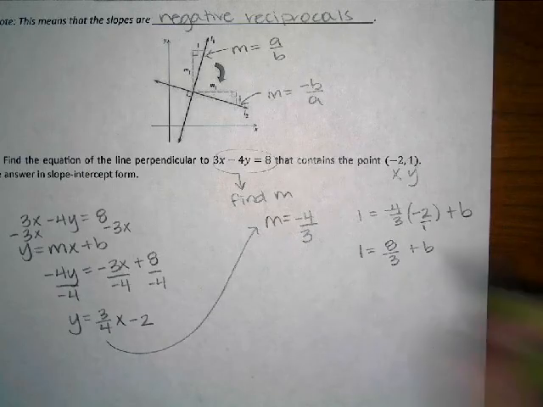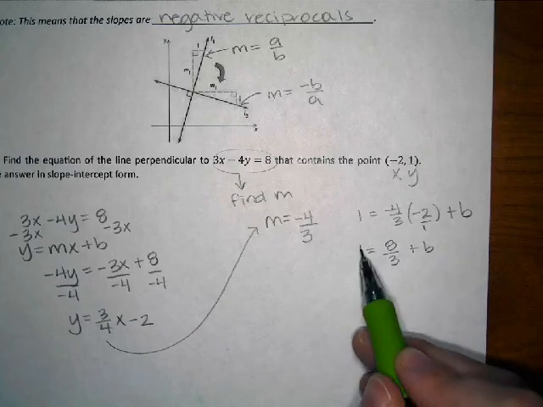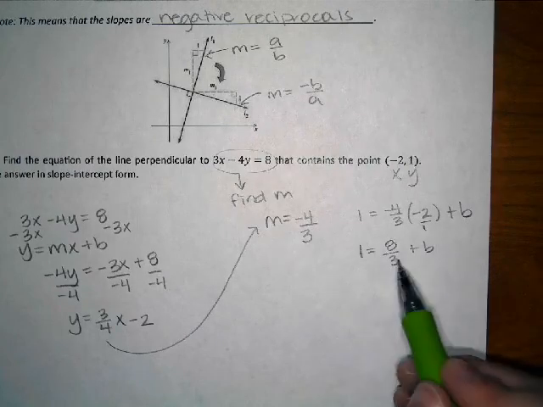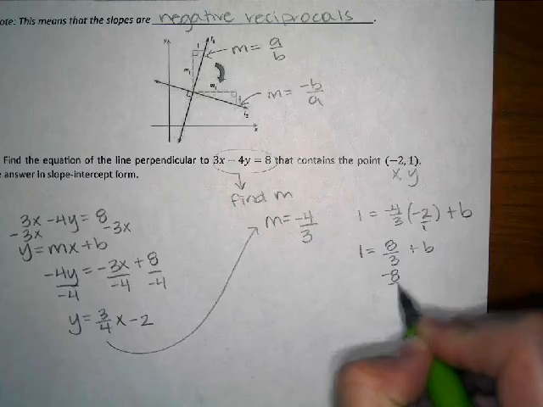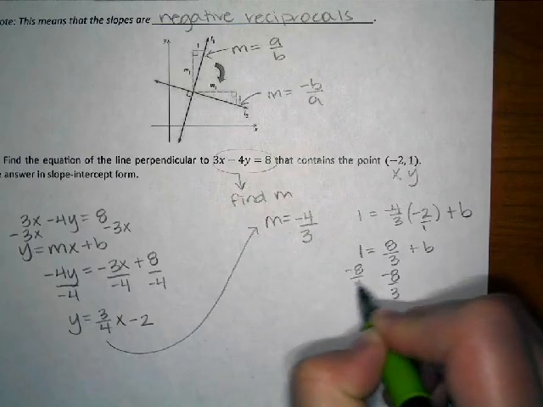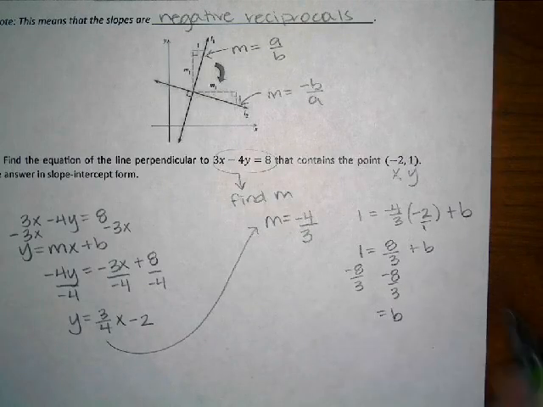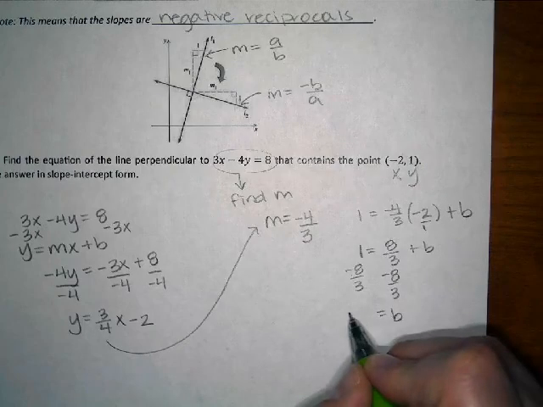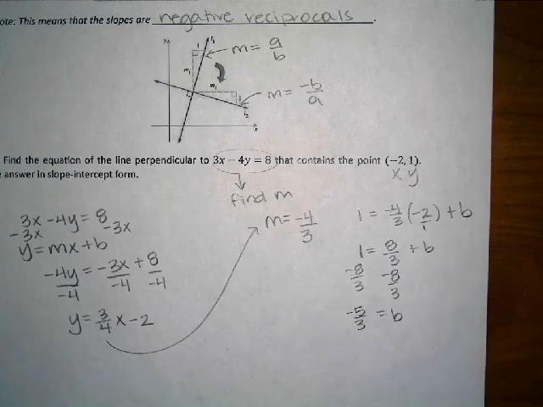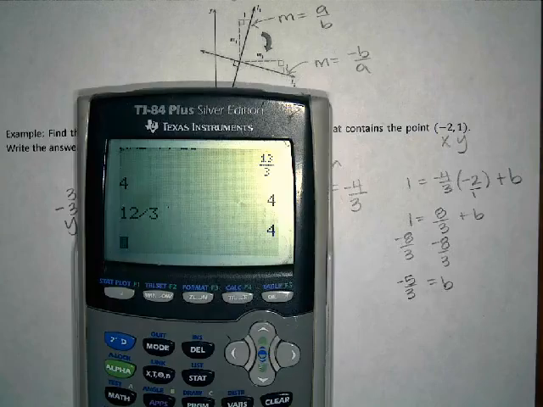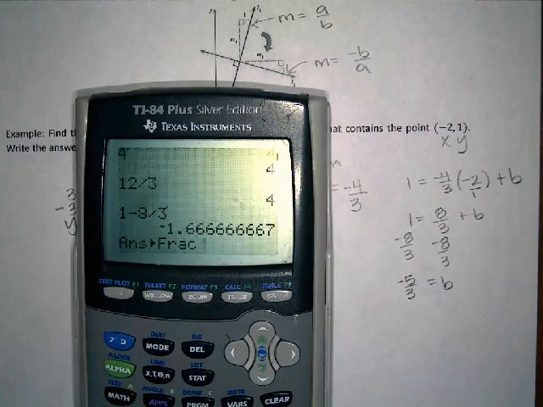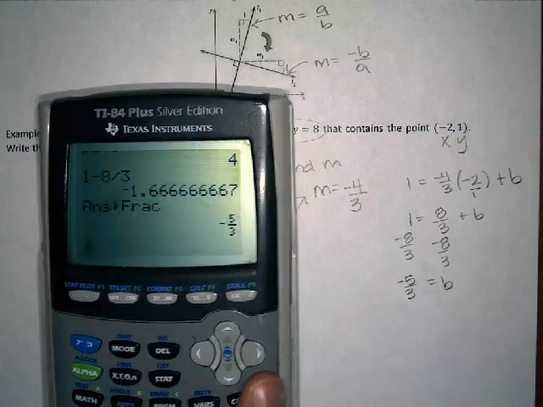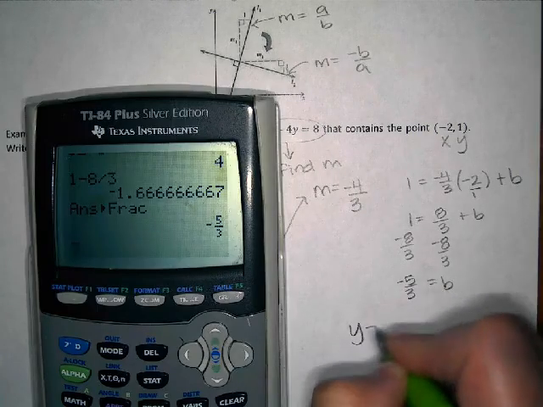I want to minus the 8/3 over to the other side. 1 is 3/3. So I have 3/3 minus 8/3, which gives me negative 5/3. But just to prove it to you, 1 minus 8/3 is negative 5/3. Okay, so my perpendicular line is y equals negative 4/3 x minus 5/3.